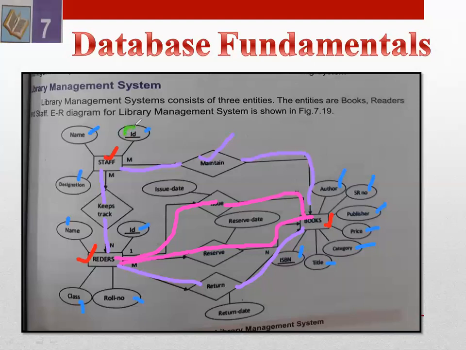In the readers, the reader ID is our primary key, and here ISBN is our primary key. So with the help of the primary key we can establish a relationship between the entities. So on your screen we have an ER diagram of the library management system.